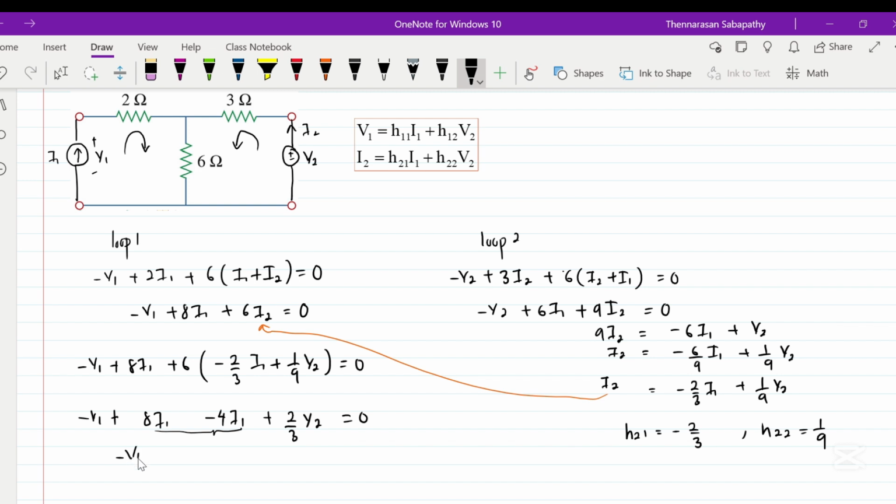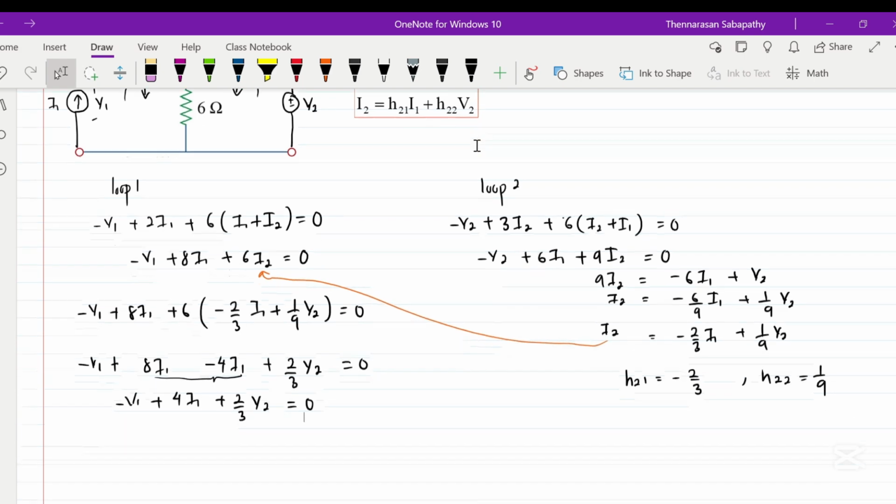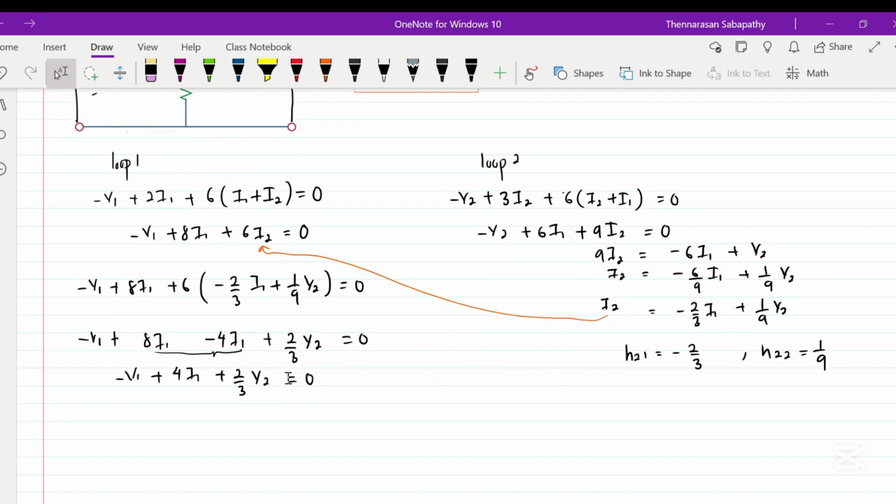So negative V1 plus 4I1 plus 2 over 3 V2 equals 0. Now I'll rearrange the equation accordingly: V1, I1 and V2. I can just bring the V1 over, so you'll have 4I1 plus 2 over 3 V2.